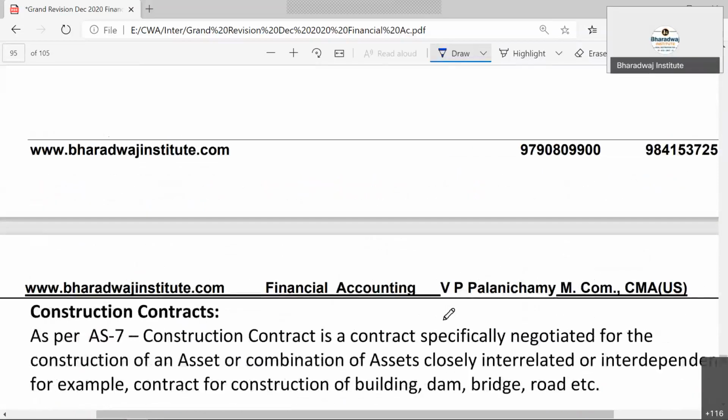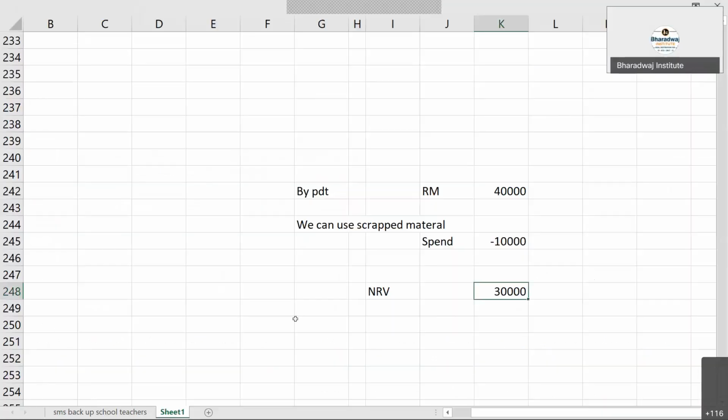Okay. Now, this is not included in the material. Let me give it to you. The heading is valuation of finished goods for a manufacturer.